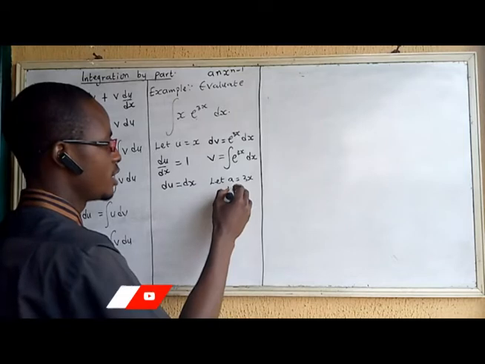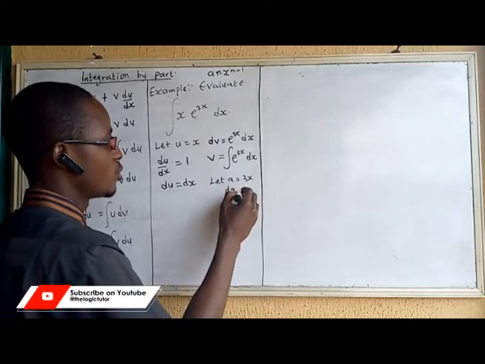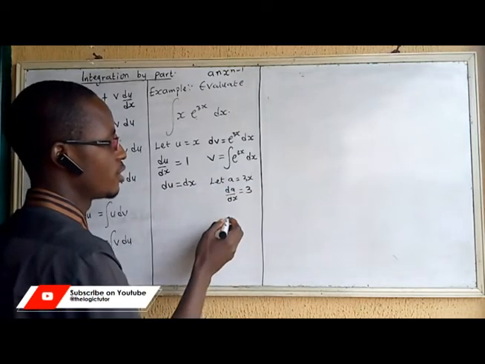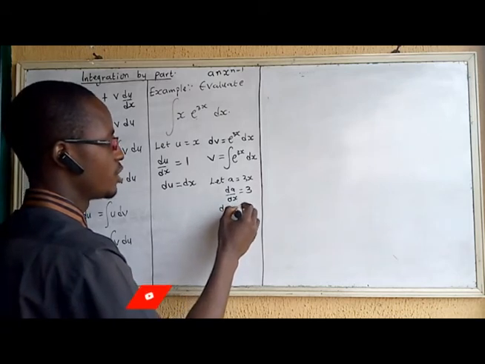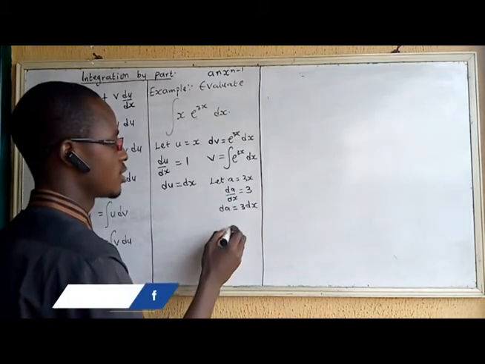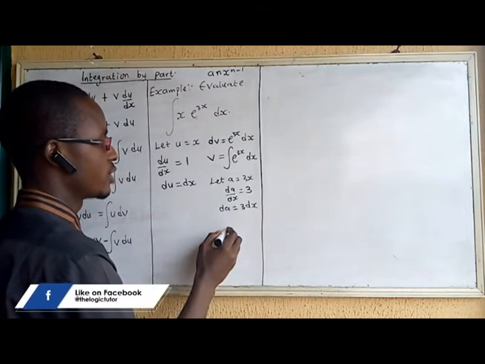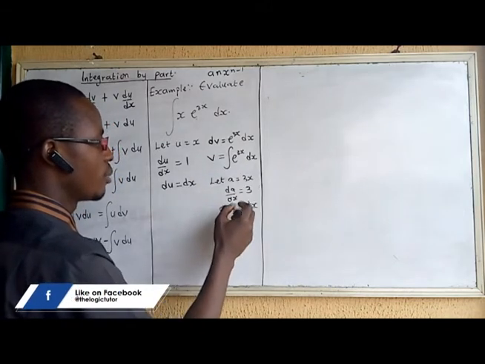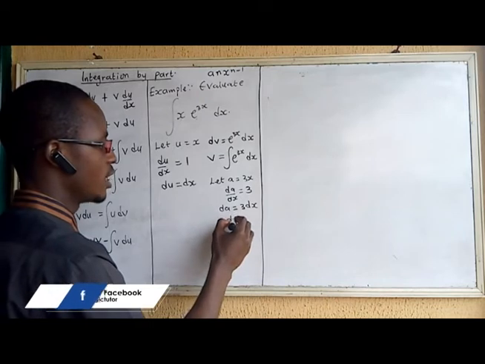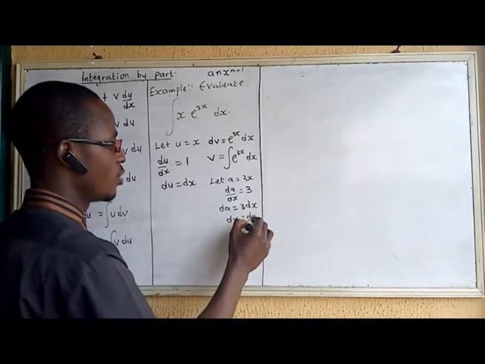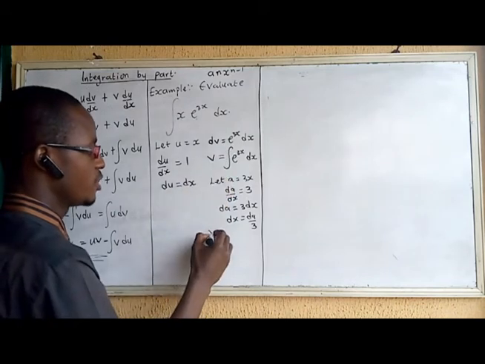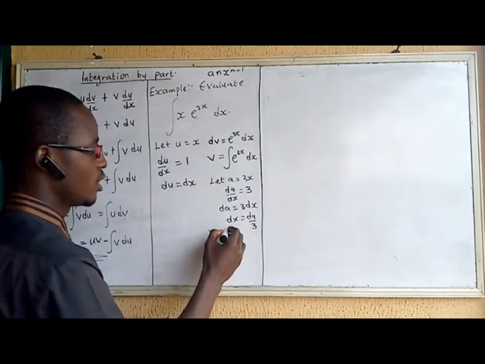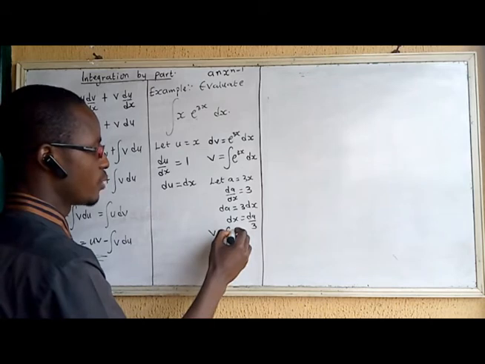So da/dx is equal to 3, so that da will be equal to 3 dx. From here, we make dx the subject of the formula. So dx is going to be what? da over 3.